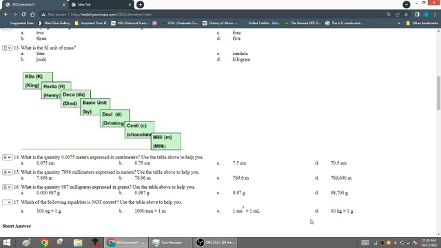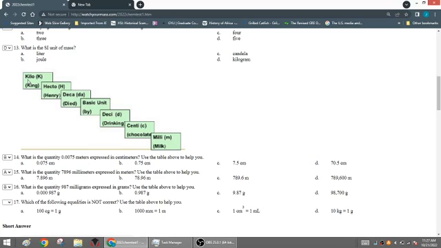Another way to look at this would be to walk down, because they're saying 10 kilograms equals 1 gram. If we started here with 10 kilograms and go to grams, grams is the smaller unit, so there's a lot of grams in 10 kilograms.